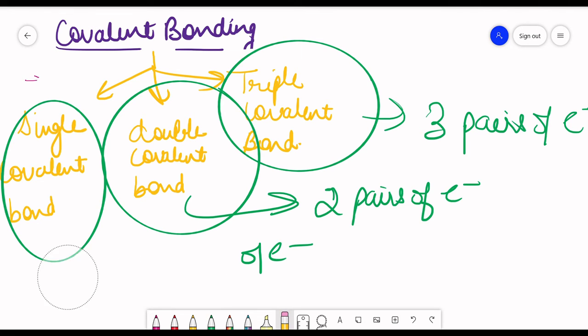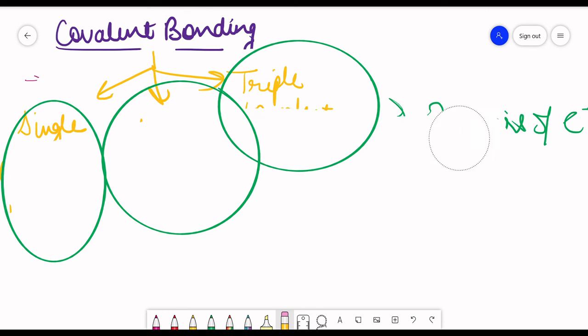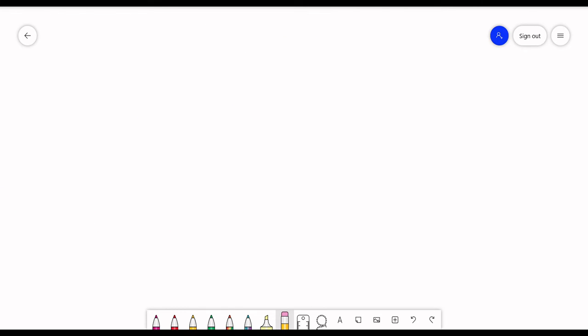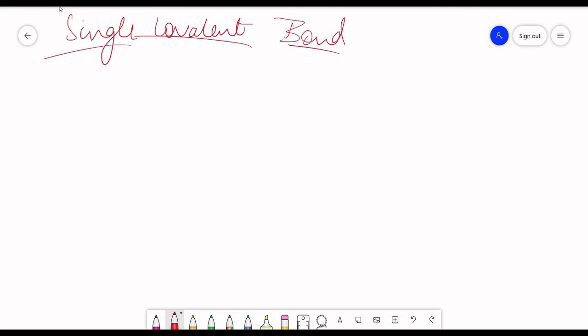Now I'll explain what single, double and triple covalent bonds are further. First let me clear each and everything. So now we talk about the single covalent bond first. A single covalent bond is formed by sharing of one pair of electrons between the atoms, which each contribute one electron.